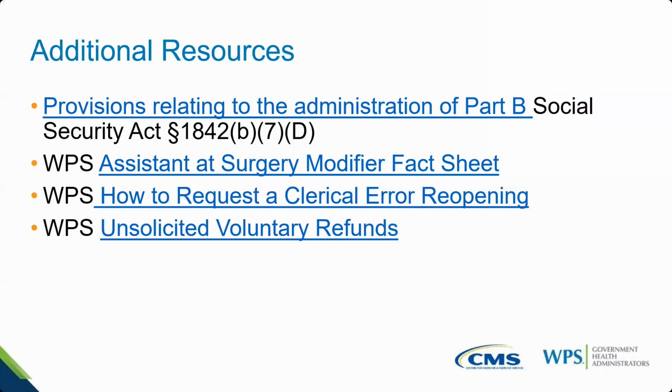And then the last one there is unsolicited voluntary refunds. And this is where you're simply refunding the money back to us as opposed to going through the clerical error reopening process. And both of those are correct. If you identify an overpayment, you can use either one of those in order to start the process to refund that money back to us.